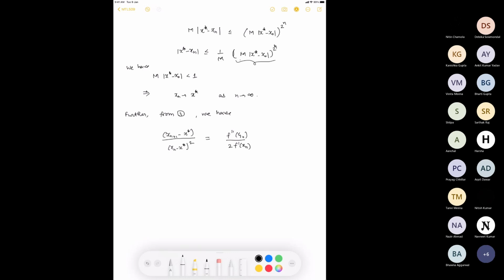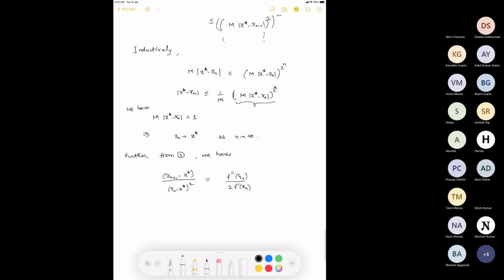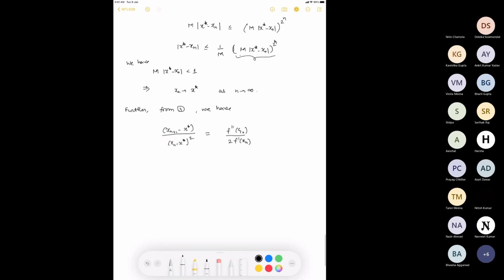But what happened to the term f double prime of the xi? So what is the xi here? Xi lies between x_n and x star, right?